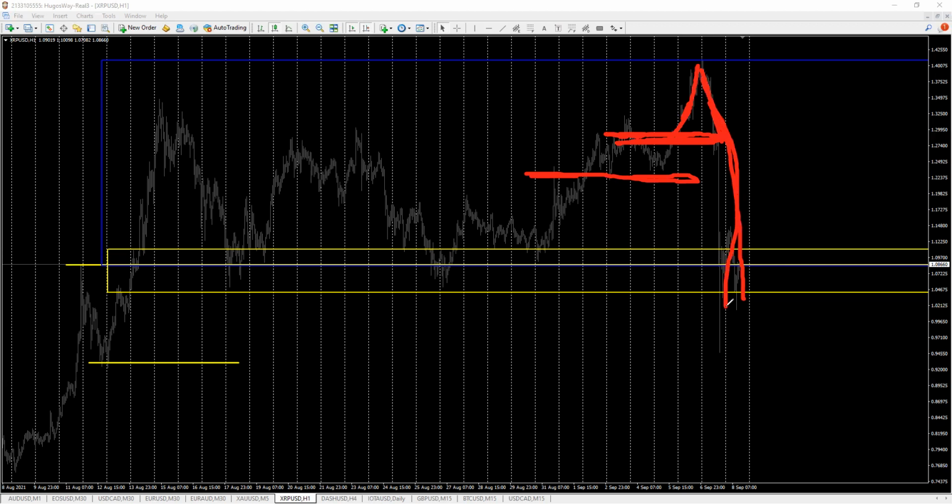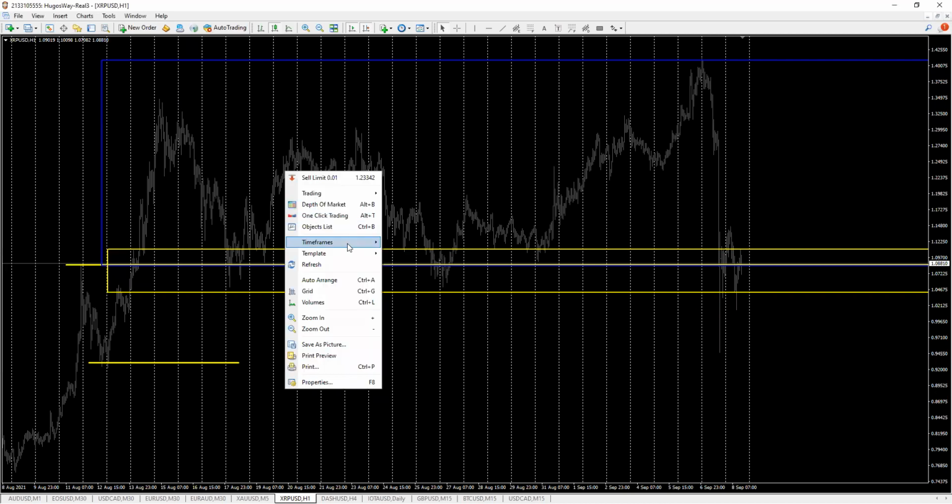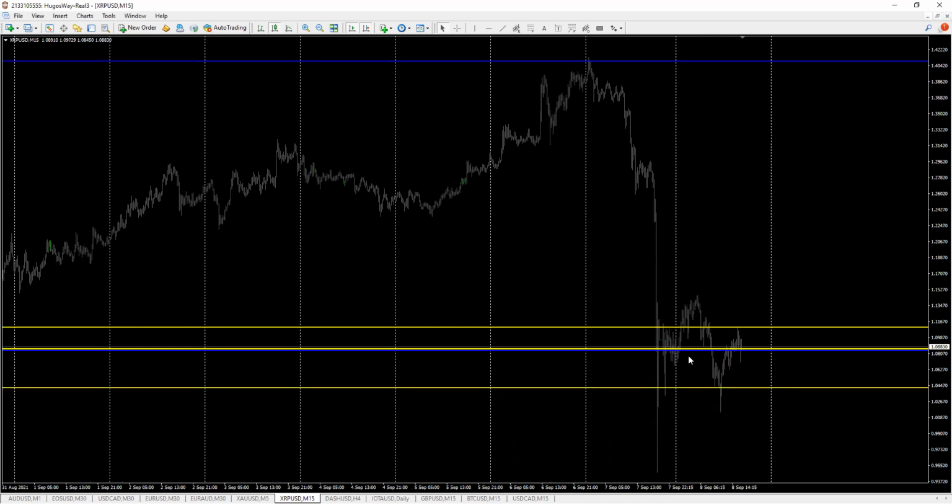And then this crash came, but now it's actually time to buy again because we're back in this zone. That's a triple bottom. So if we come in here and look at the 15-minute chart, we got an inverse head and shoulder.